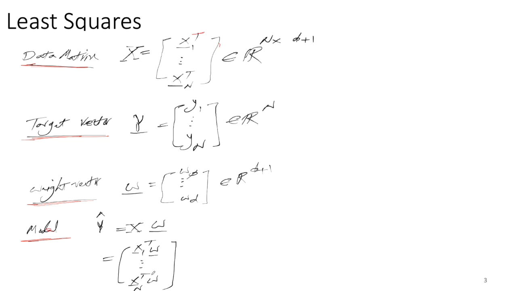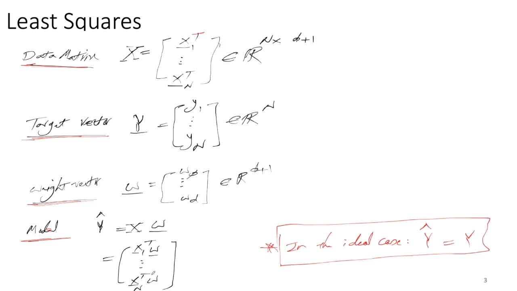In a perfect world, when we don't have any error in our prediction, in an ideal case our y hat is equal to y. That means that we don't have any errors. But in other situations, we have errors, and we express them by the in-sample error, which we call E_in, that I'll describe in the next slide.